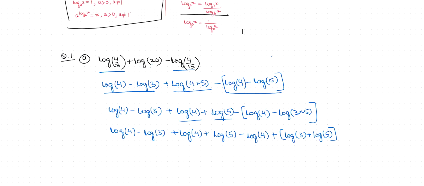Now we made 15 as 3 times 5 and we used the product rule here. And also this negative times negative is positive. Now we can simplify it.